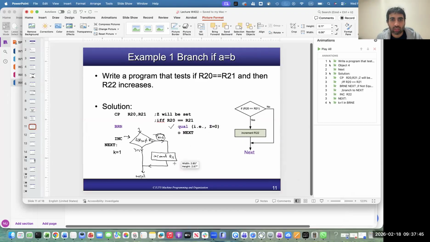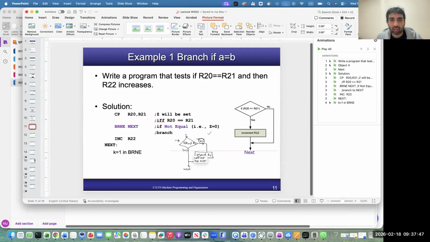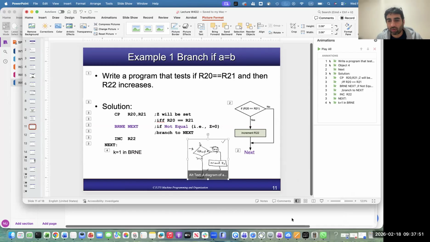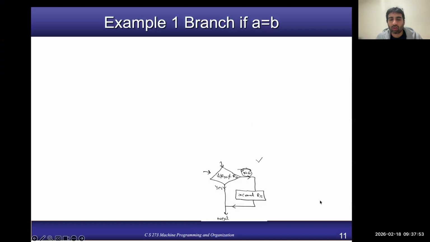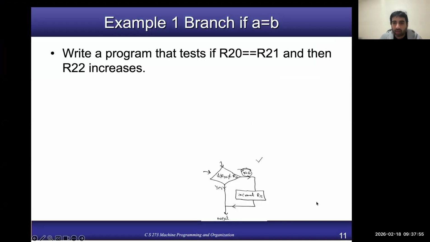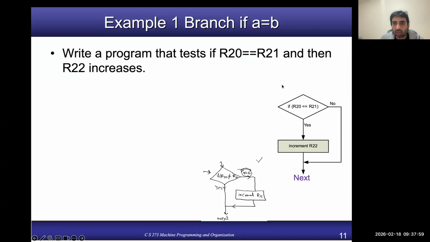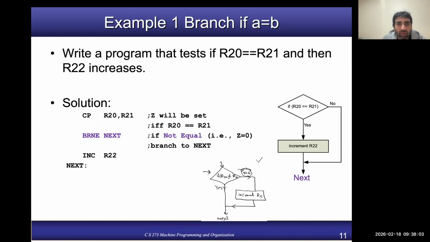Let me just reduce its size and put it here. Okay. So now let's try to write an assembly program for this one.